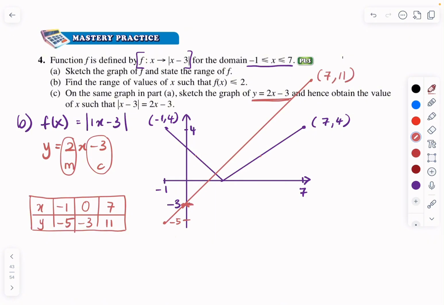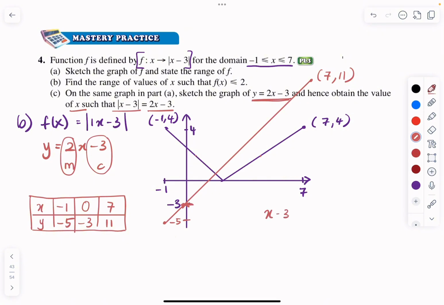Now we need to obtain the values of x such that this equals that. When they say this line equals this graph, that means they are asking us to solve the intersection point. So we need to find the coordinates of this point. We know it will be somewhere between negative 1 and 7. So we have to find out by calculation.